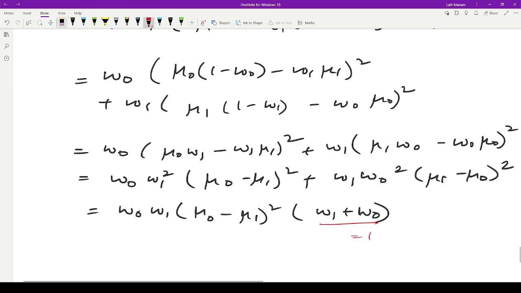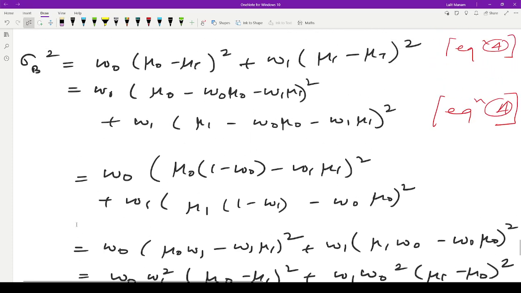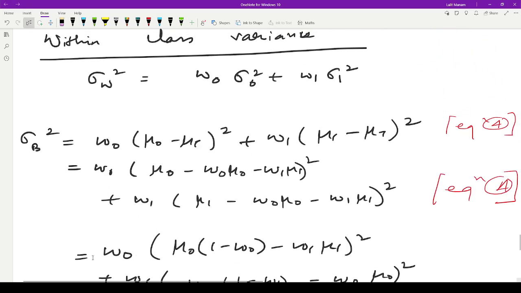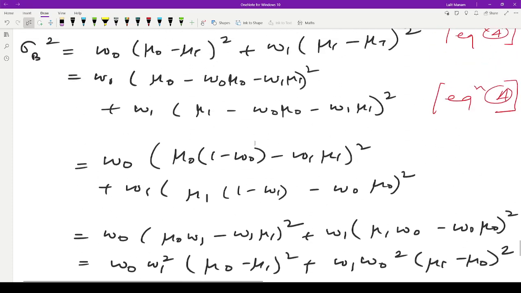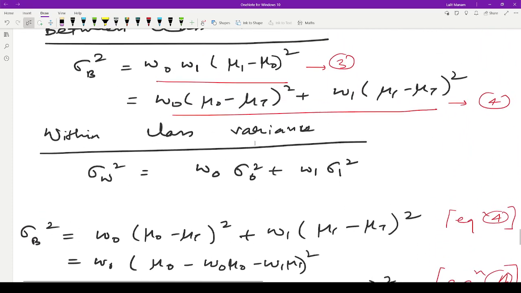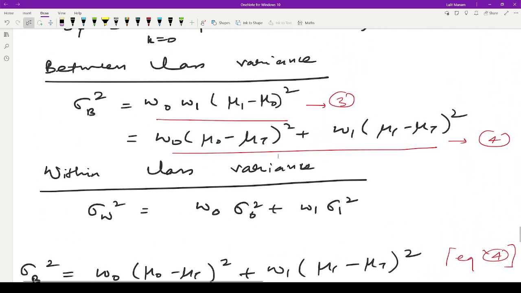This is equal to 1. So we derive that expression, that equation 3 and equation 4 are the same. That's what we derived till now. We still have to see how within class variance and between class variance are related.